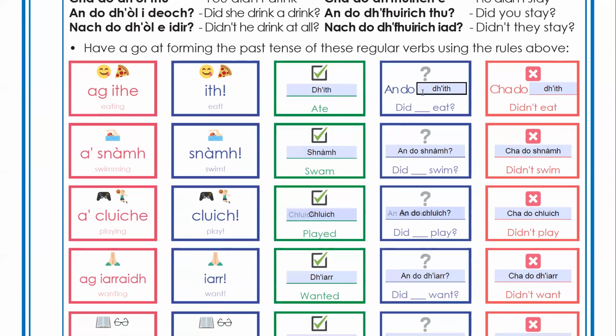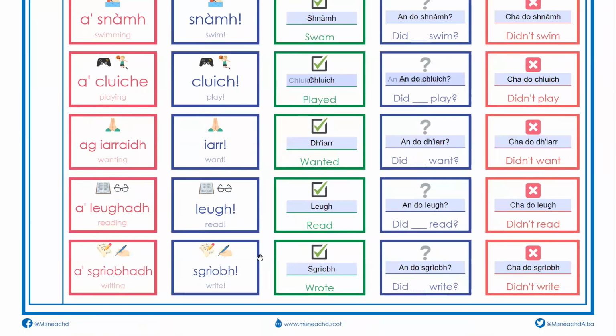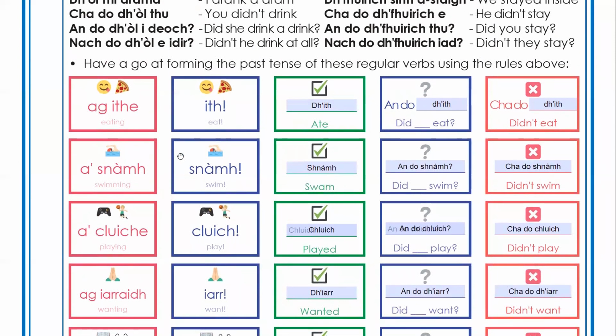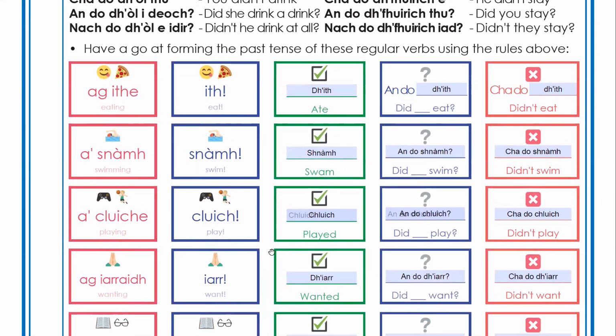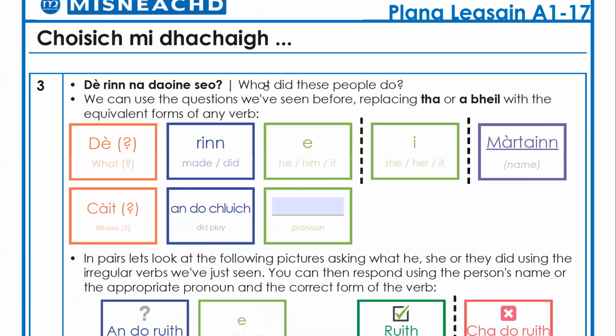Otherwise, ando with a question, chado with a negative, and then lenite the root in all forms. So in terms of verb forms, Gaelic is relatively forgiving compared to some languages.